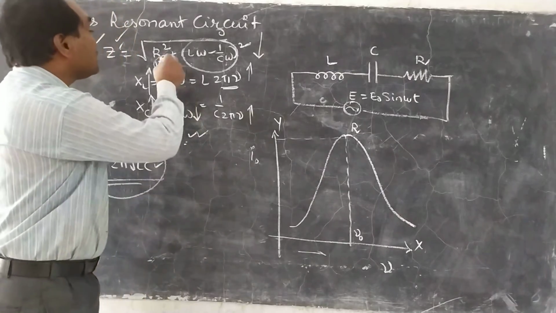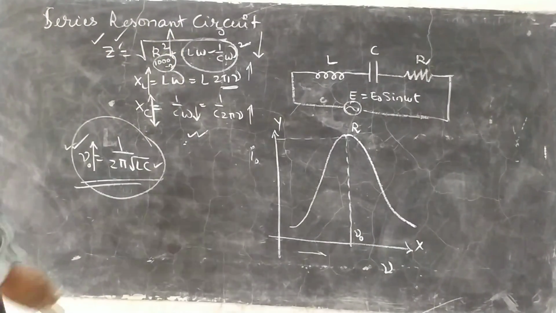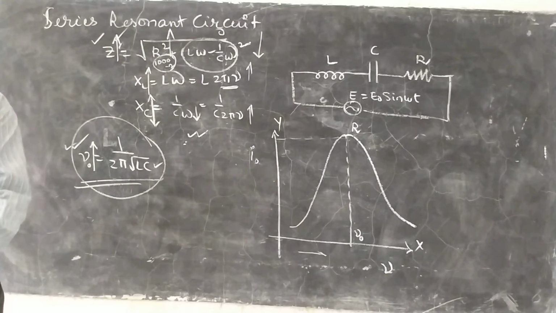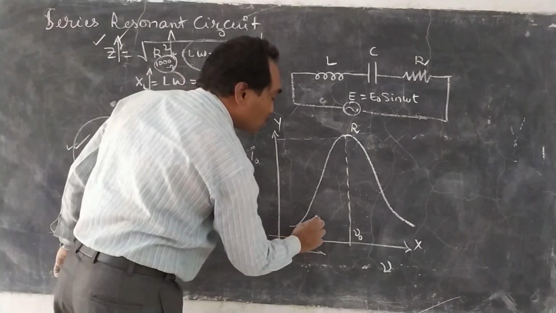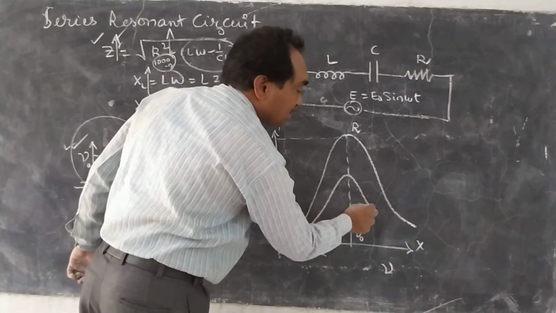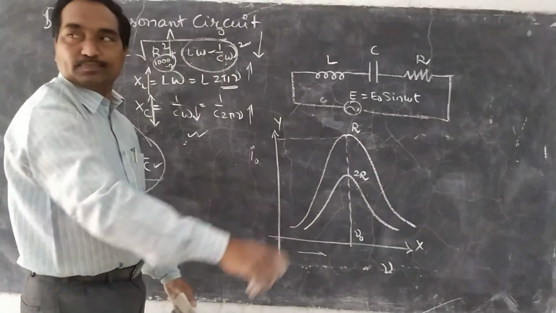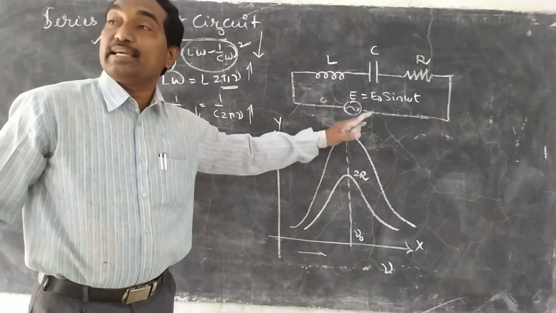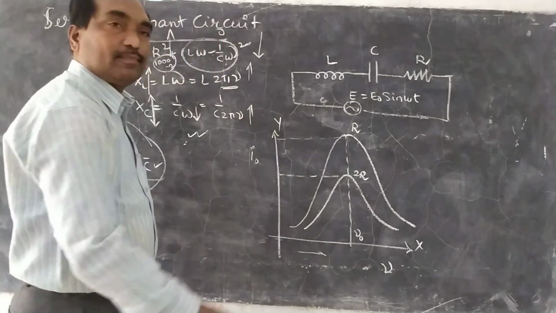If resistance increases, then what happens? If resistance increases, impedance increases, so current decreases. If resistance is taken as 2R, the curve is like this, and the maximum current is lower.